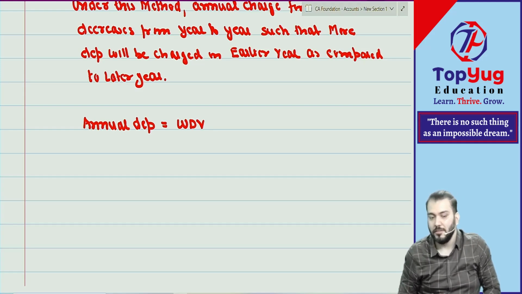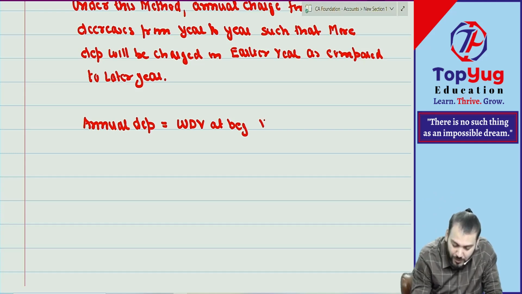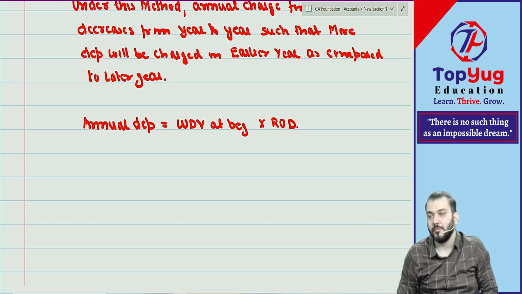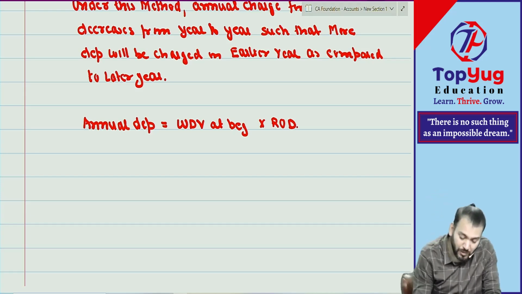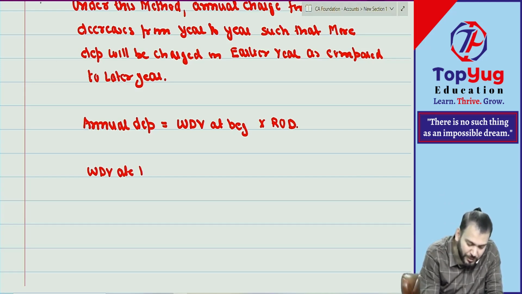WDV at the beginning of the year multiplied by what? Rate of depreciation. This is the formula. Now what is WDV at the beginning of the year? That we need to understand.